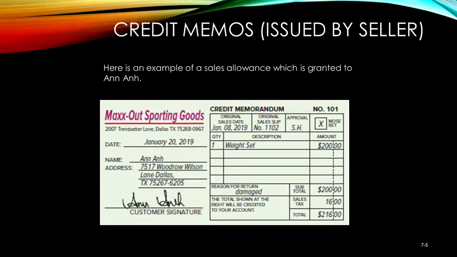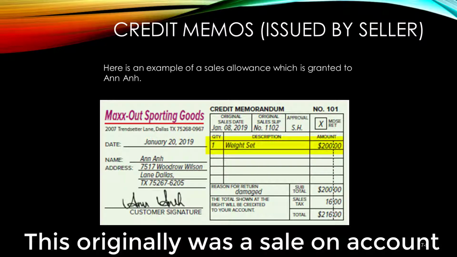A credit memo is issued to a customer in the case that something needs to be returned. This credit memo details exactly what was being returned. In this case, a weight set that was originally sold for $200 and for which $16 in tax was paid is returned.